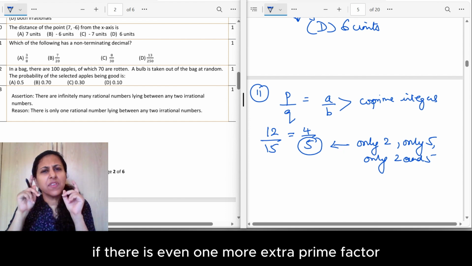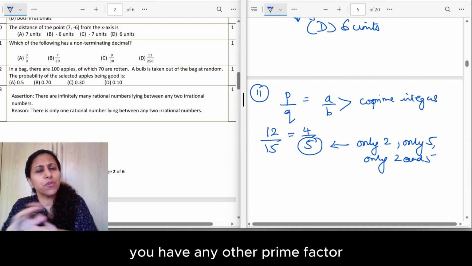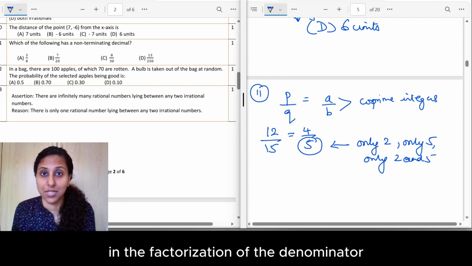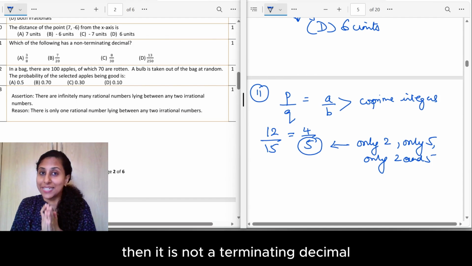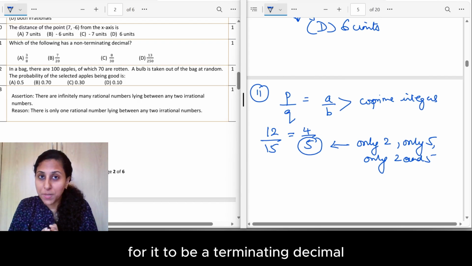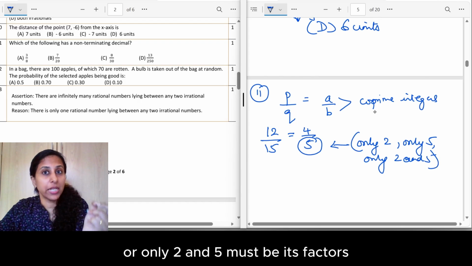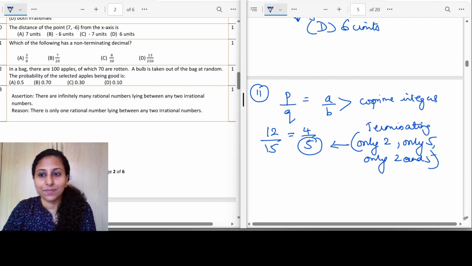If there is even one more extra prime factor, that means outside of 2 and 5, you have any other prime factor in the factorization of the denominator, then it is not a terminating decimal. For it to be a terminating decimal, only 2, 5, or only 2 and 5 must be its factors. So this is the condition for a terminating decimal.